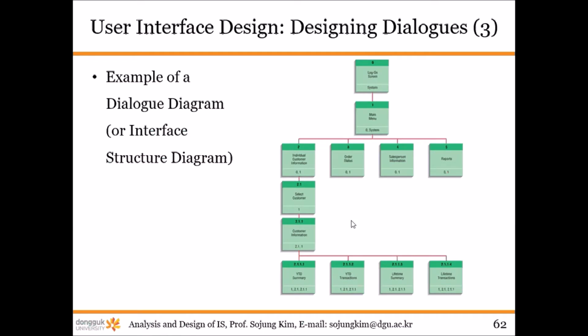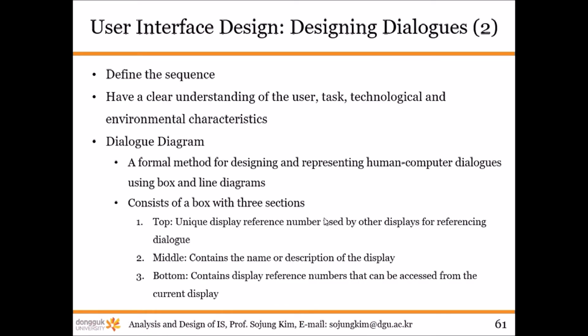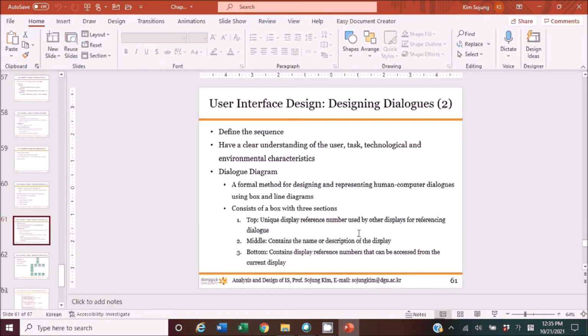So before you put in the effort, it's definitely better to have a conceptual model or the structure diagram, right? All right, so please develop this kind of diagram before you develop the actual software. Okay. All right, so that's pretty much about this chapter, and let's move on to the homework.